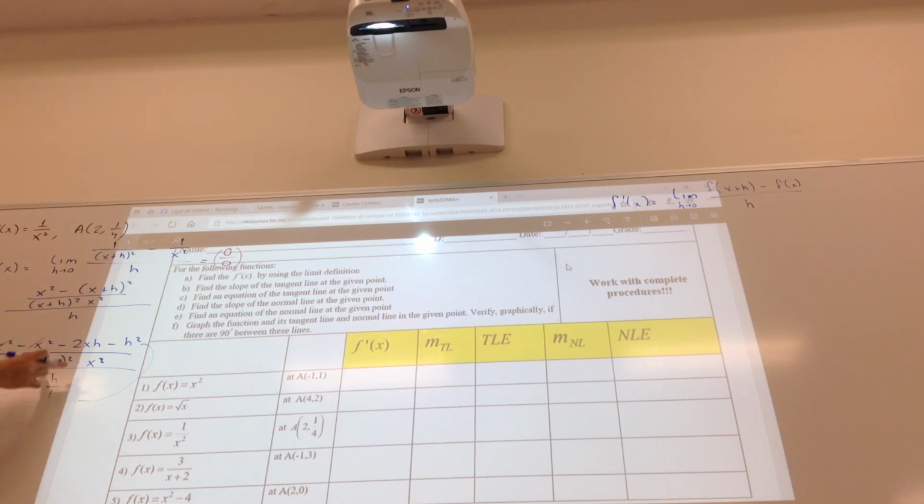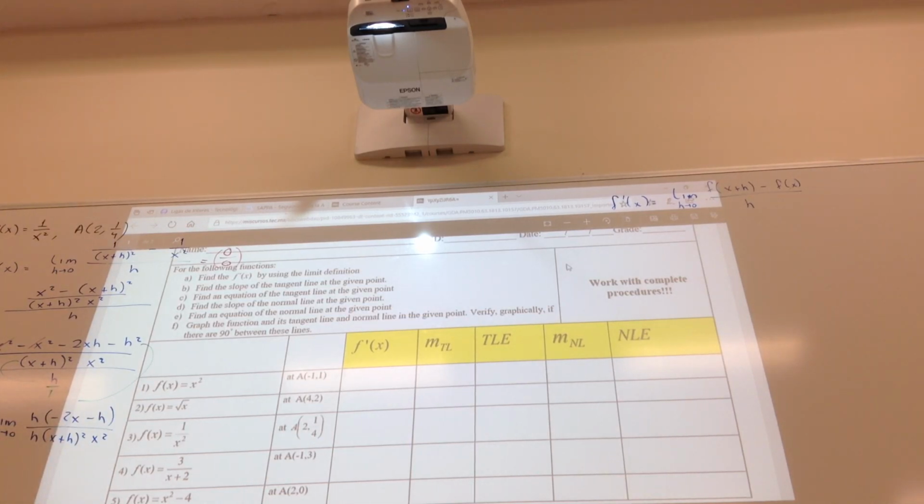If I multiply this h by this, what do I have? H times (x plus h) squared times x squared. I just multiply and leave it indicated. And then expand the numerator. We can factor the h. So now it's going to be the limit as h approaches 0 of: if I factor that, h times (minus 2x minus h) over h times (x plus h) squared times x squared.